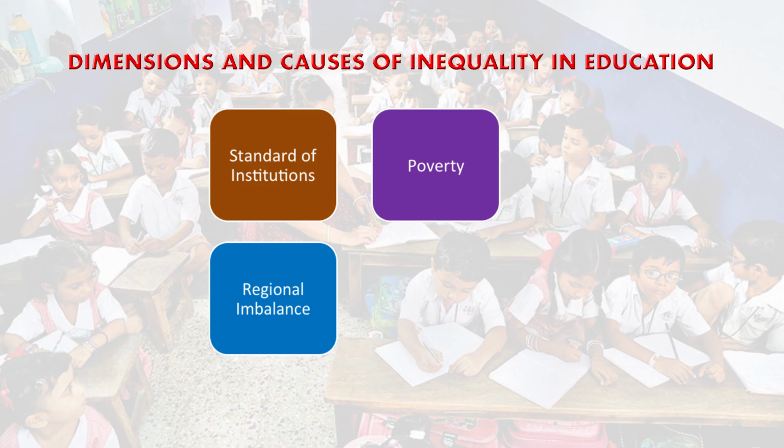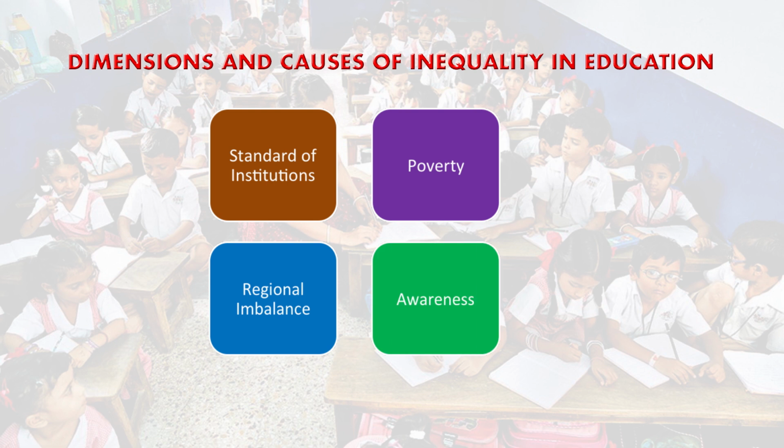One region may flourish like anything and another region may not flourish, may not develop. And further, awareness of the parents, awareness of the family members, awareness of the community and society is also another important cause and dimension that creates inequality in education.